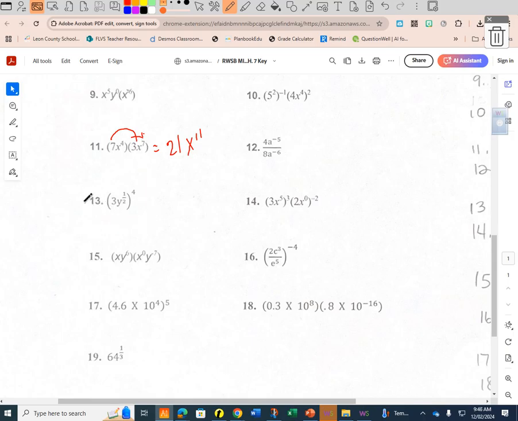Alright. Now this is one up high multiply. 3 times y raised to the 1/2 power, all raised to the 4th power. Now here's the trick. Here's what everybody forgets. They forget that there's an exponent of 1 on a 3. So the 3 actually is getting raised to that power as well. So that's 3, up high multiply. So 1 times 4 is 4, very good.